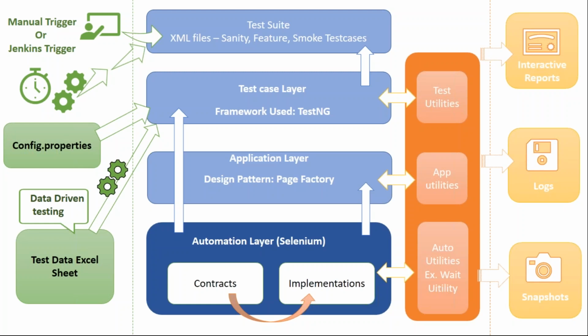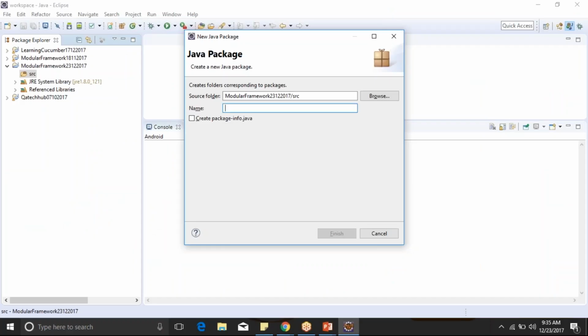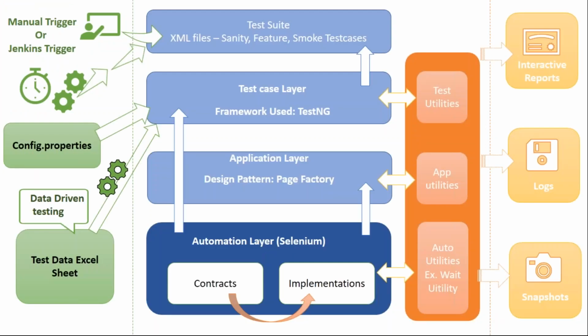So the first one we have is the automation layer. In our framework, we will call it common labs. Why am I calling it common labs? You can see it's a short form of common libraries. This automation layer, which I'm creating, uses Selenium as the automation tool, and it is independent of the application you are automating.